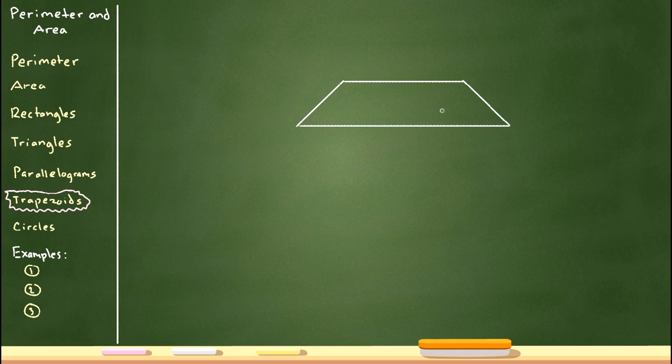And now we have a trapezoid here. Trapezoids come in many different shapes and sizes as well. This is one particular instance of a trapezoid. One way to find its area is to cut off this triangle here, flip it upside down, and place it right over here.